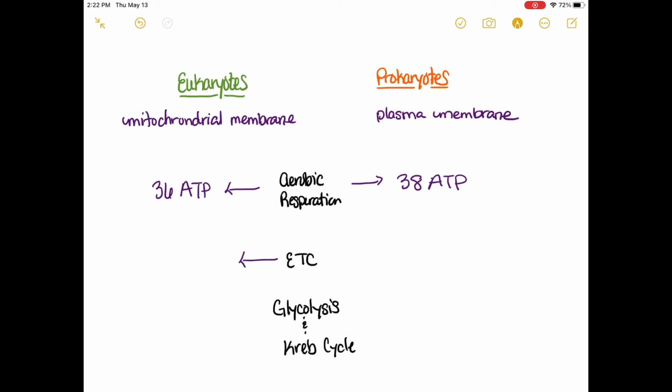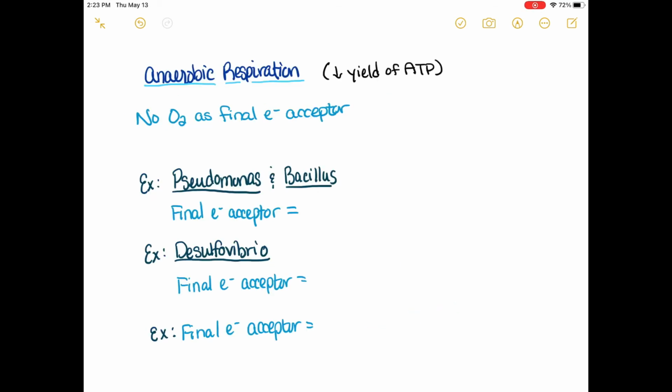During the electron transport chain, eukaryotes produce 34 ATP, and prokaryotes produce 34 ATP. During glycolysis and the Krebs cycle, eukaryotes produce 2 ATPs, and the prokaryotes produce 4 ATPs.